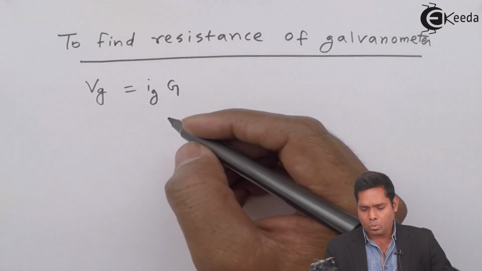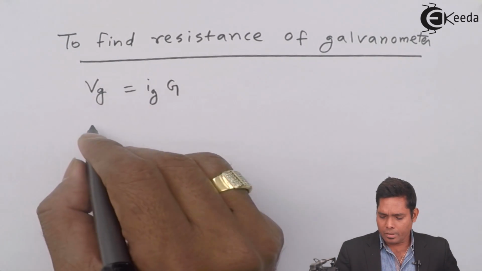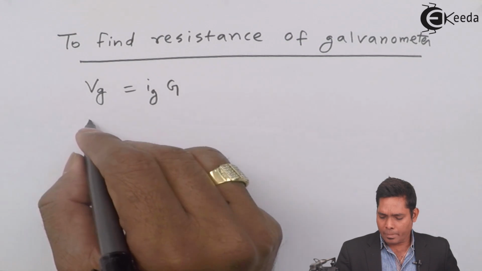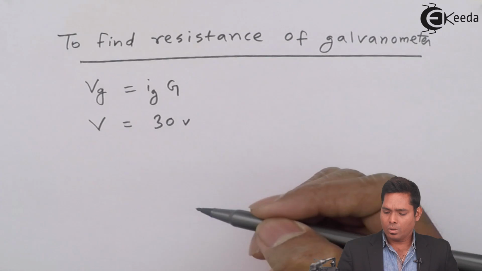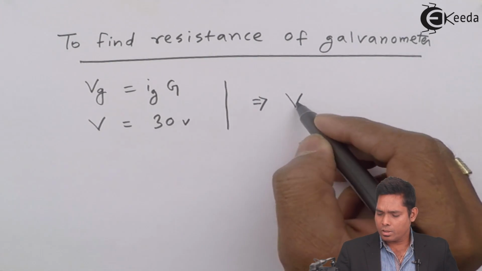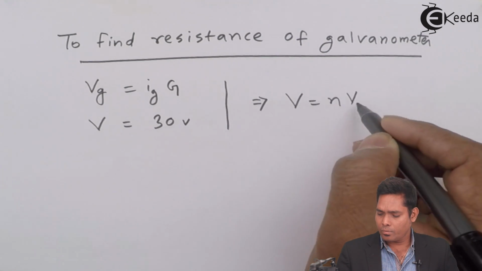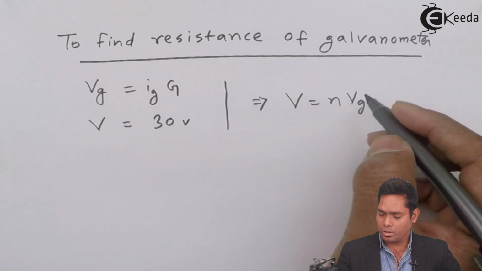Now we have to convert this into a voltmeter of range 30 volt, the maximum voltage that you can measure. So that means this is N dash times Vg. This N dash is different from the N asked in the question.